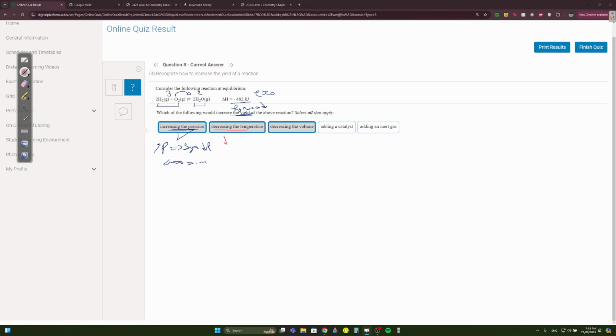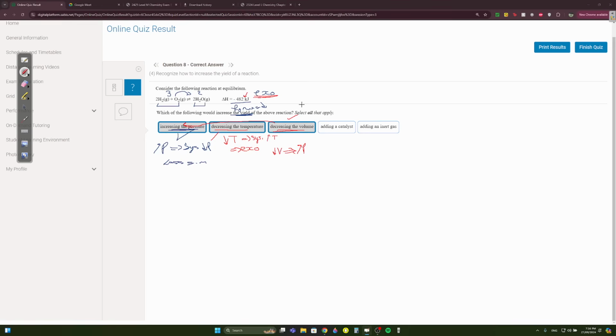Decreasing the temperature. If you decrease the temperature, it means the system must increase temperature. To increase temperature, it's going to go to the exothermic side. And we know that the forward reaction is exo. Correct. Decreasing the volume is the same as increasing the pressure. When you decrease volume, that means an increase in pressure.